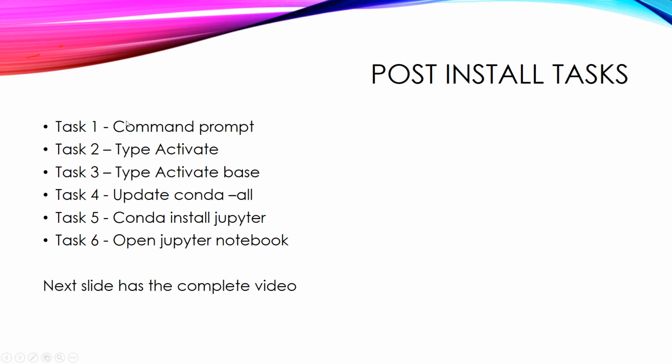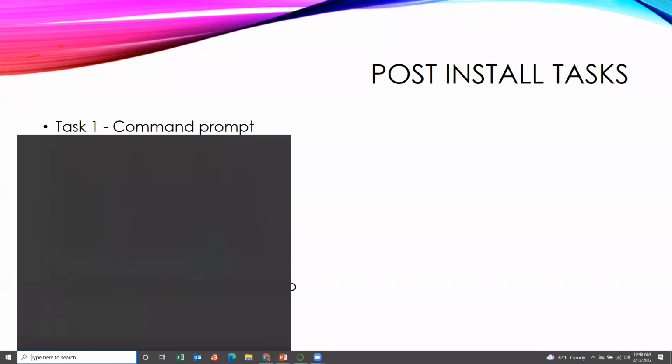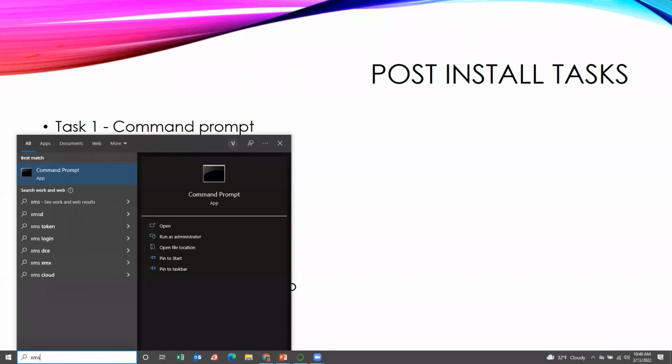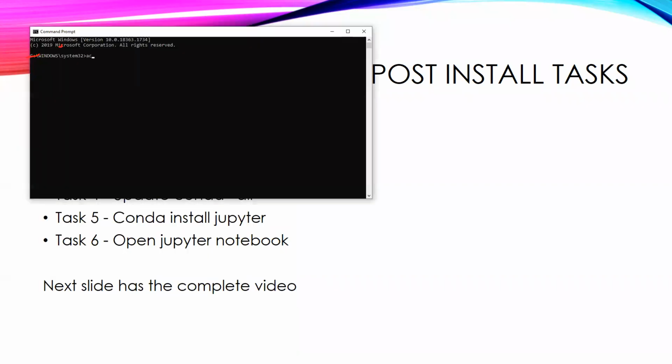Once it is installed, you go through the command prompt, and when you say activate, it goes to its own base. Let me show you what it is. Command prompt. Activate base, and it will go into Conda's command prompt.